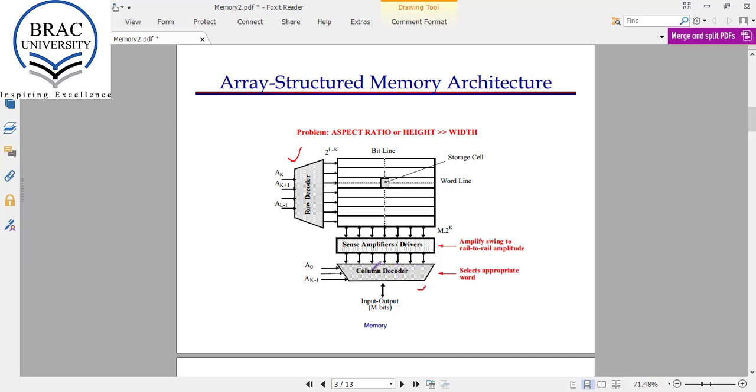Using these, we can select only a single cell or a few cells from where we can read data or where we can write data. And these sense amplifiers or drivers help us to read data from that particular cell or cells.